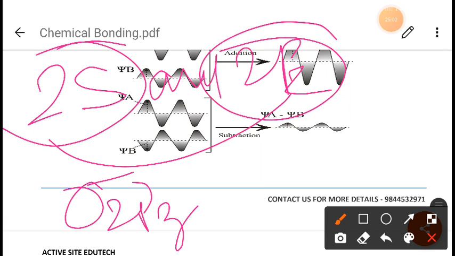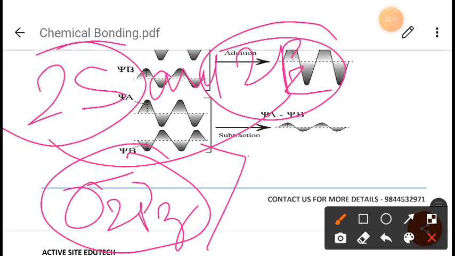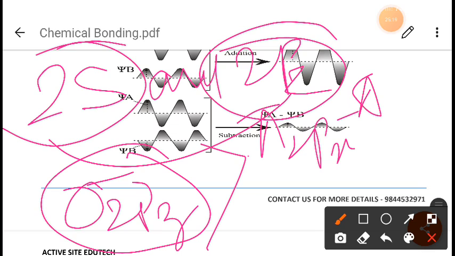That is why the sigma 2pz will possess a greater energy as compared to that of the pi 2px and pi 2py molecular orbitals. So in case of lithium, beryllium, boron and carbon molecules, it will follow the same sequence.